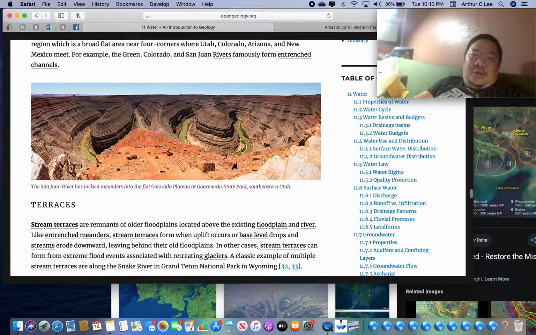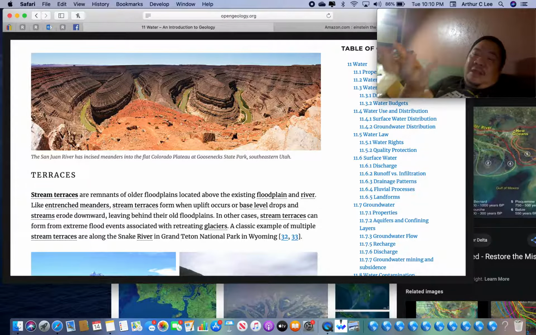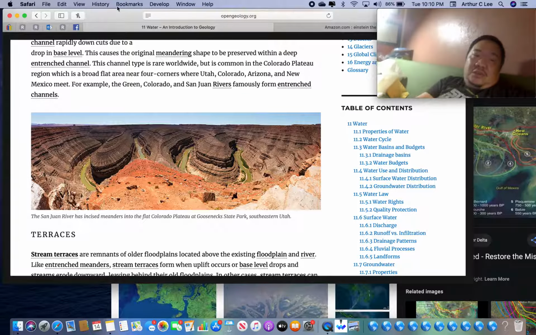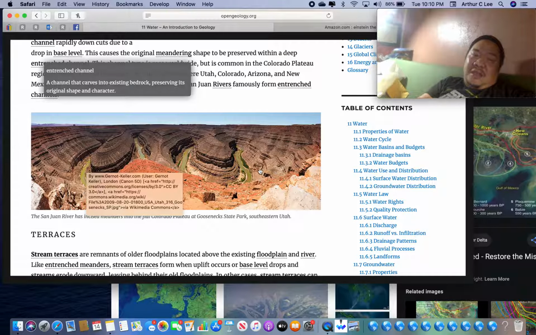Okay. What are stream terraces? Well, if the land is uplifted, the creeks and the rivers will respond by cutting downwards, and you produce these things called entrenched meanders. So the river cuts down, leaving behind this tall land on all sides. And this happens quite often out west, where you have mountain building.